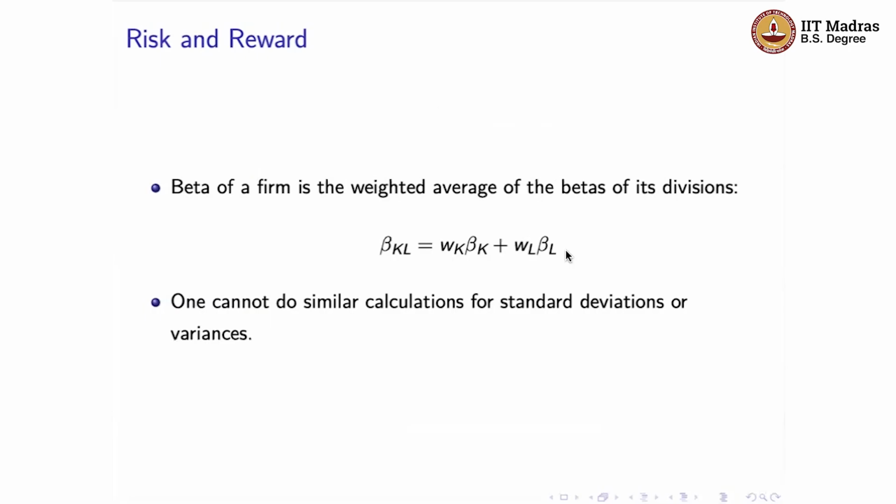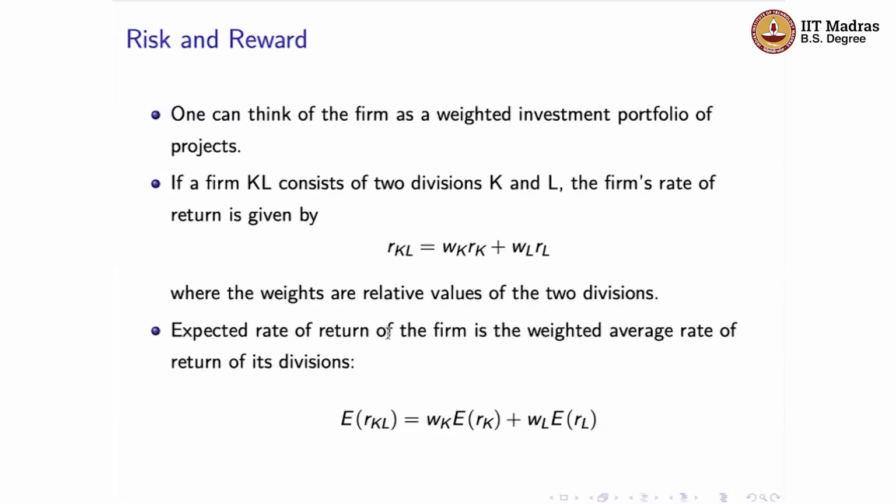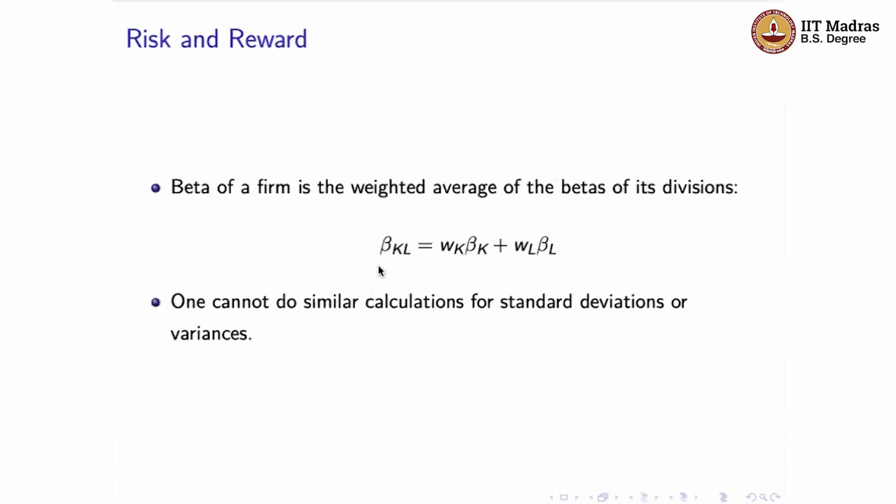And while you can do this sort of linear operations on expected returns and on betas, as we have discussed before, you cannot do similar linear operations on standard deviations and variances, right? You cannot just write down that the standard deviation of the rate of return is the weighted average of the standard deviations of the rates of return, right? So you need to factor in covariance and all these things. Similarly, you cannot do the same thing for variance.